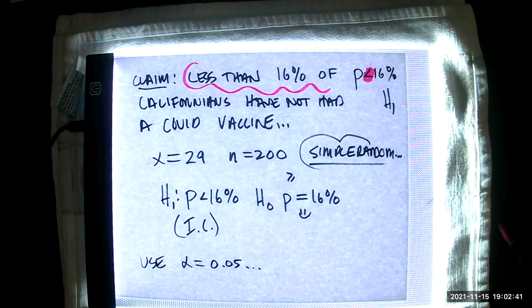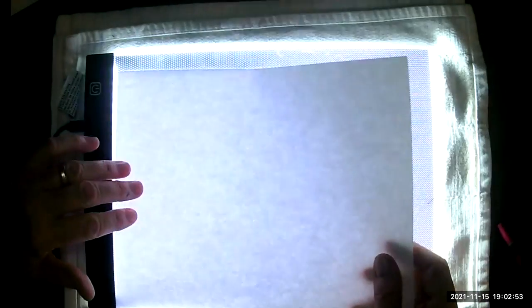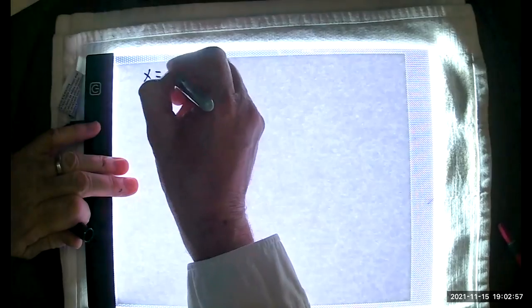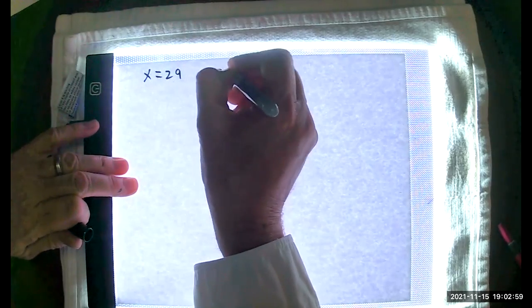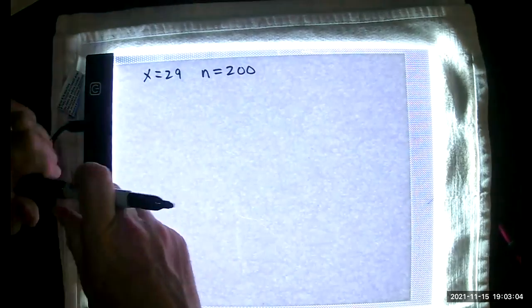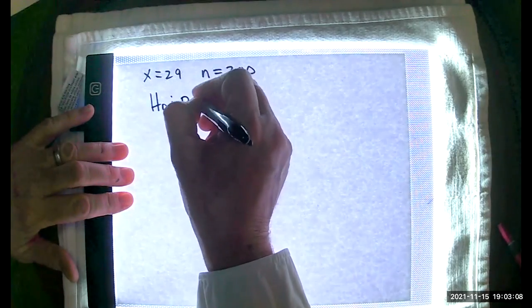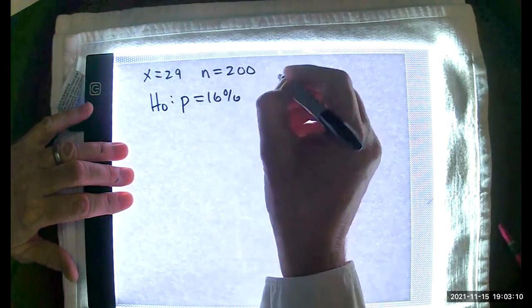Now, if I ask you to do a problem like this on a quiz or on an exam, I honestly expect you to use the p-value approach. We're going to test that claim. I will note that x is equal to 29, n is equal to 200. And we've got the null hypothesis, p equals 16%.